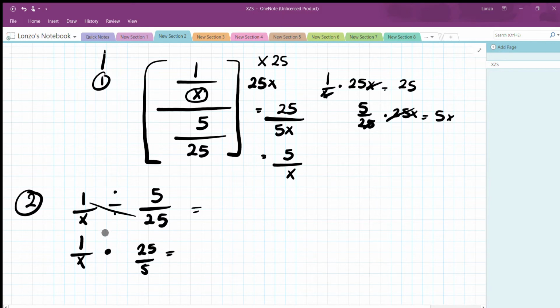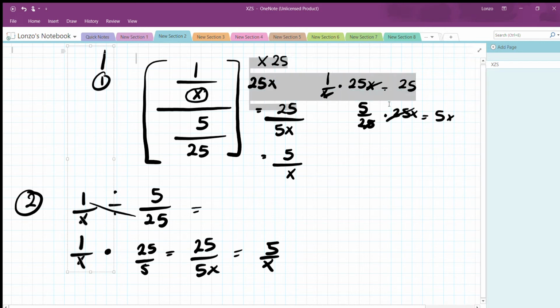Then when you multiply across, it's just going to be 25 over 5x, which is just 5 over x. That's the second way. So you guys pick one way you like, and then just stick with that. I'm just going to stick with the bracket because it's just much simpler and easier to do.